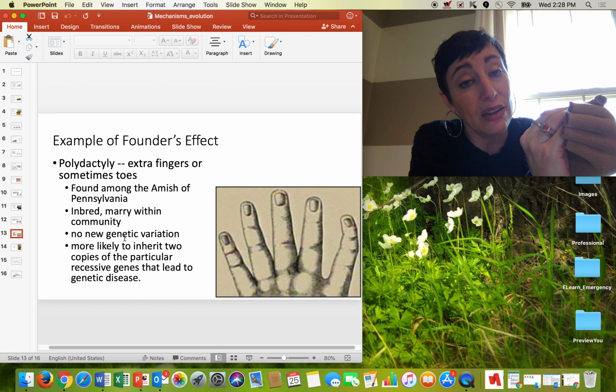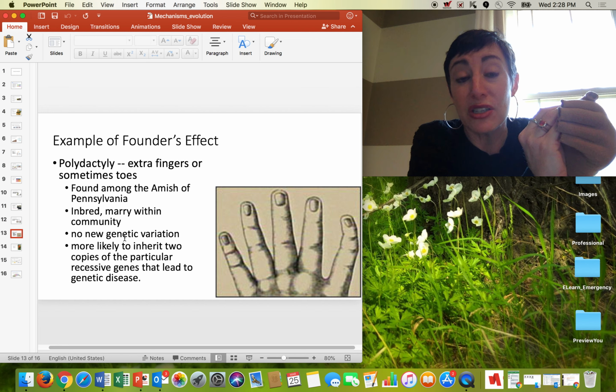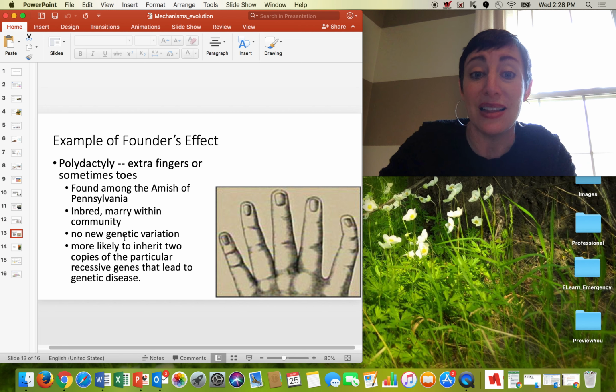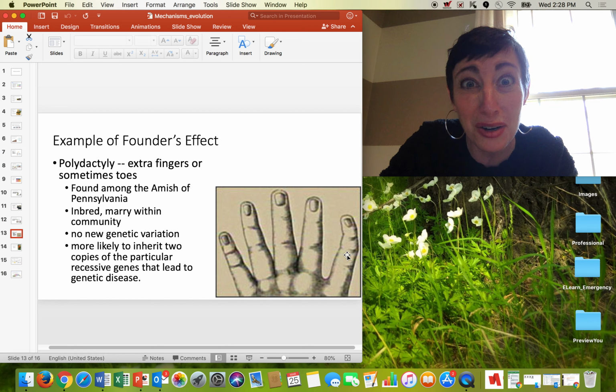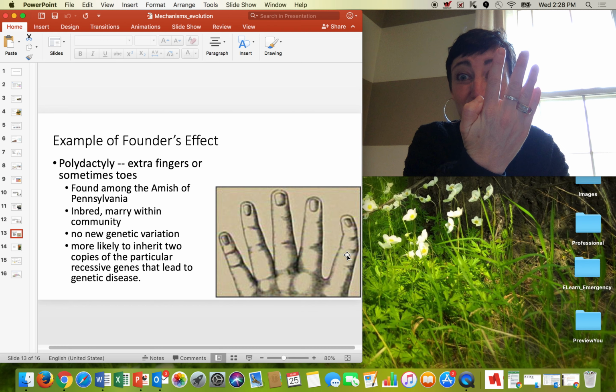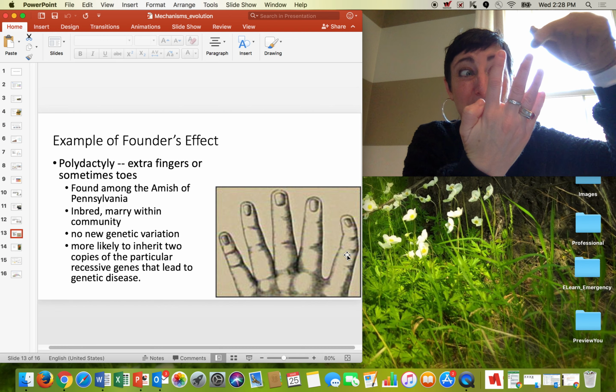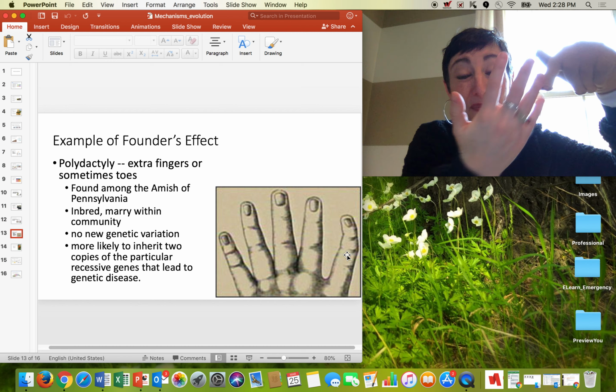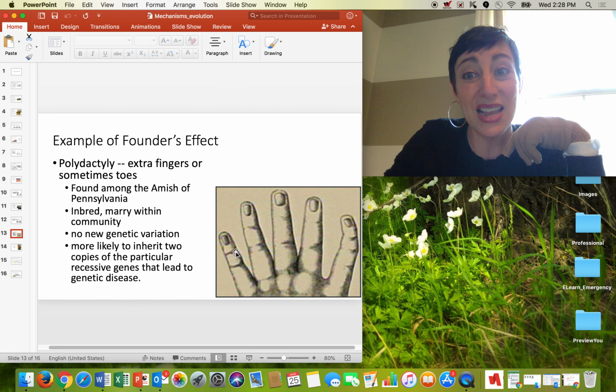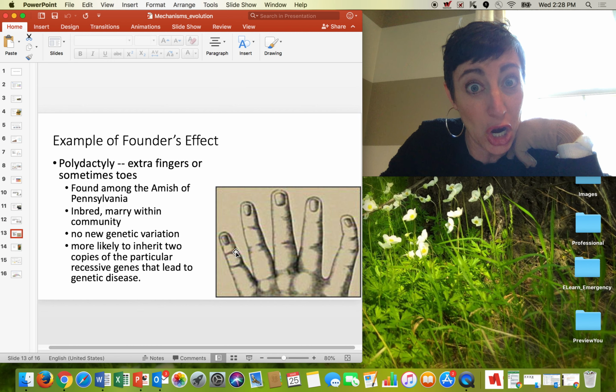There's less genetic variation, and so you're going to start to see these recessive traits like this picture. 1, 2, 3, 4, 5 fingers. How many fingers do I have? 1, 2, 3, 4 with a thumb. Polydactyly is many fingers and then a thumb.